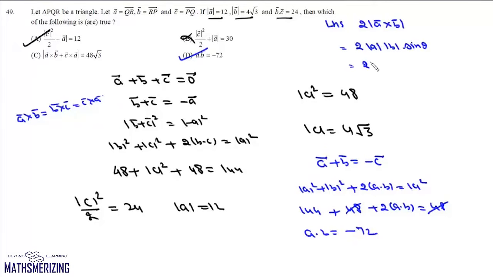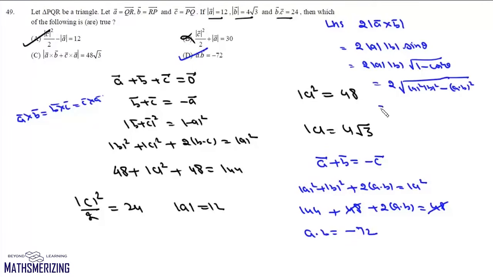Now we can write this as 2 times mod A mod B, and we can write sine square theta as 1 minus cos square theta. So it will be 2 times under root of mod A square mod B square minus A dot B square.